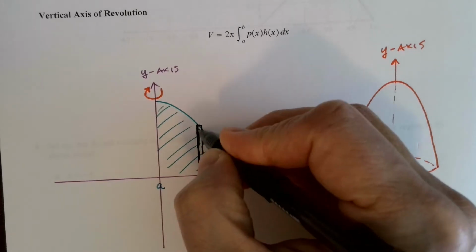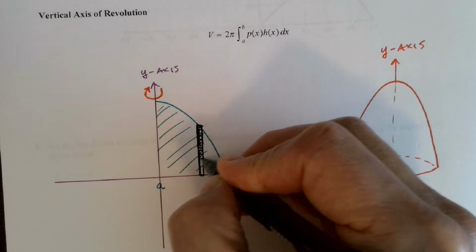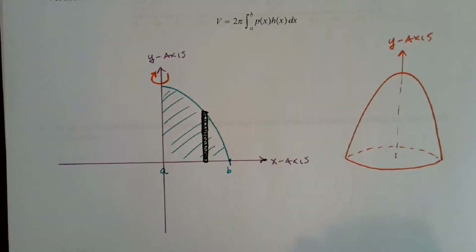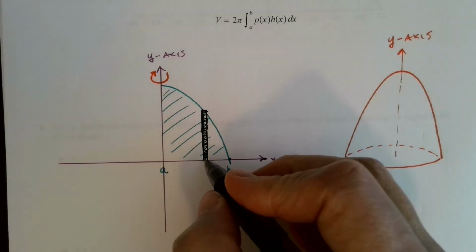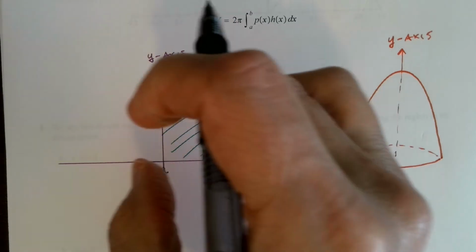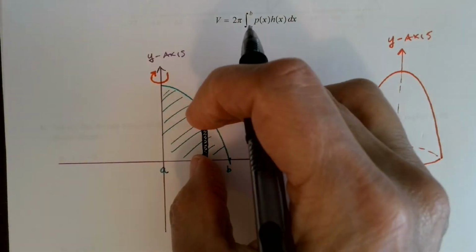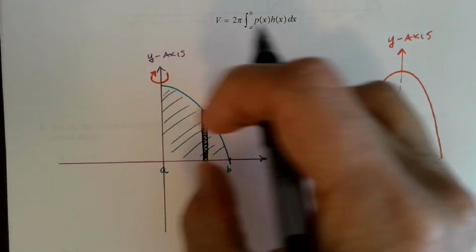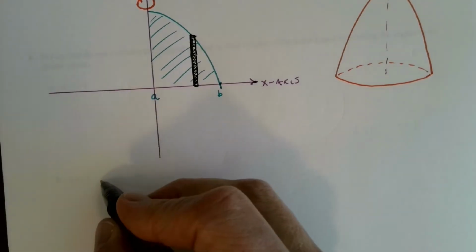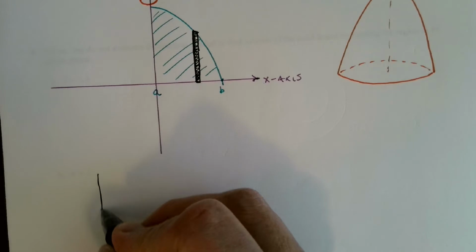So notice, because of that, we're going to integrate with respect to x. And so what I want to do is rotate this rectangle about the y-axis, and notice we're not going to get a thin circular disk. We're going to get something else that we call a thin circular shell.